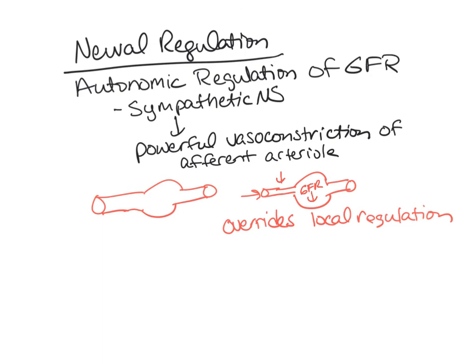This happens, for example, in an acute decrease in blood pressure. So if your blood pressure really drops drastically, or if there's decreased cardiac output because of a heart attack. So the sympathetic nervous system, which is your fight or flight nervous system, is going to want the kidney to function less.